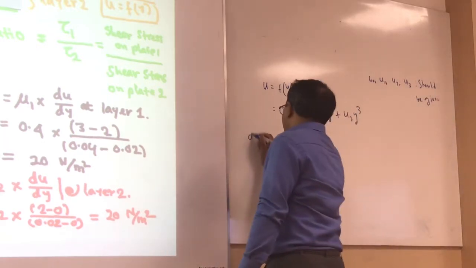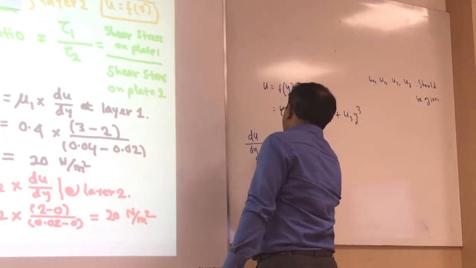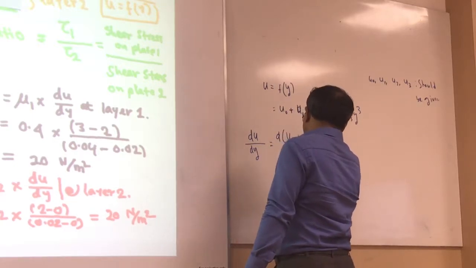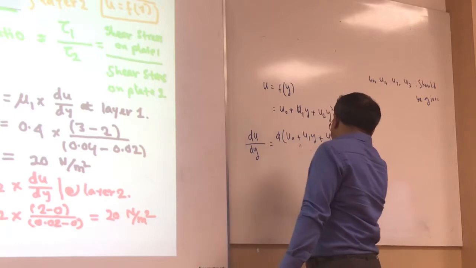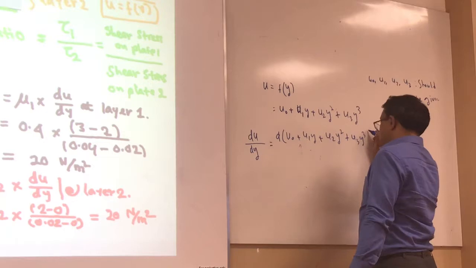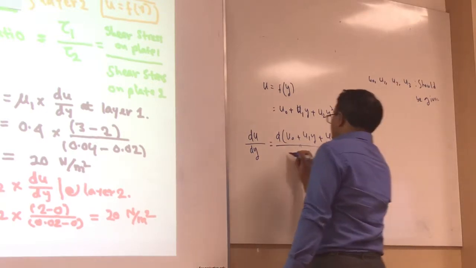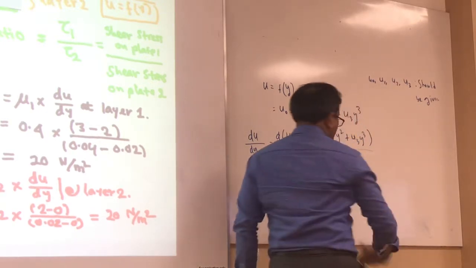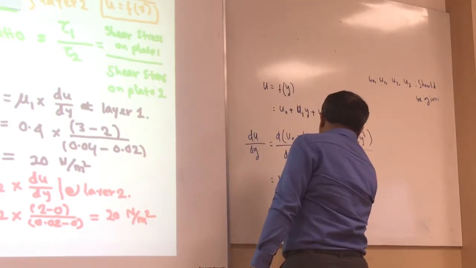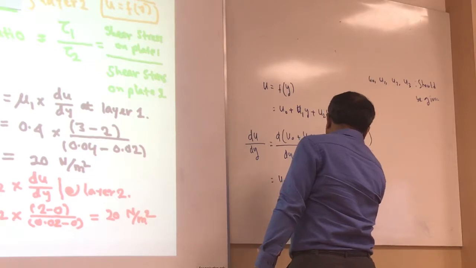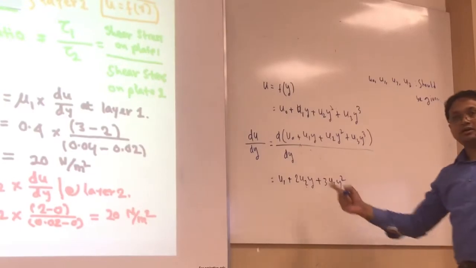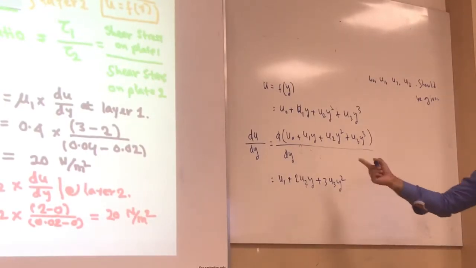Then you write du by dy of u0 plus u1 y plus u2 y square plus u3 y power 3, which gives u1 plus 2 u2 y plus 3 u3 y square, right? Then you can put the value of y.